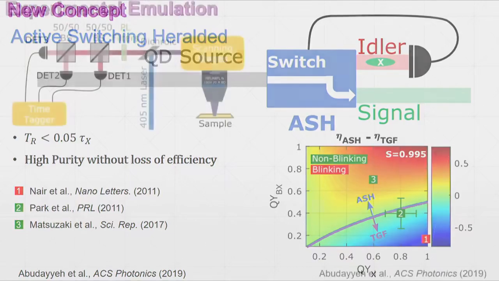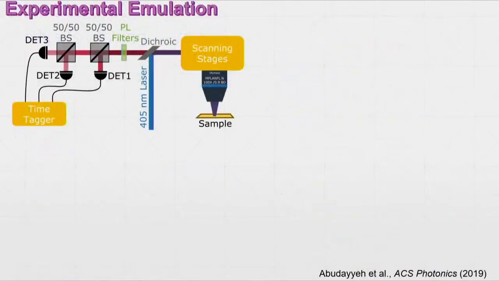We wanted to do some experimental work on this, but we didn't want to do the physical implementation yet. What you have here is, again, this confocal microscope. You get your emission, and here you're supposed to have your switch that switches between the two ports.